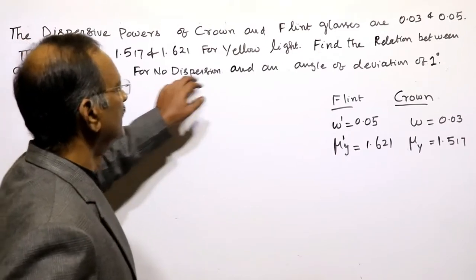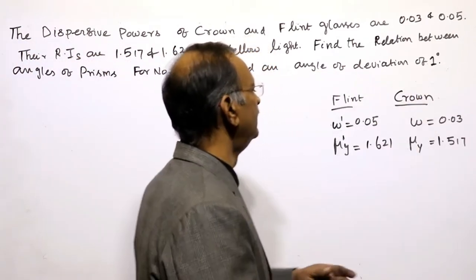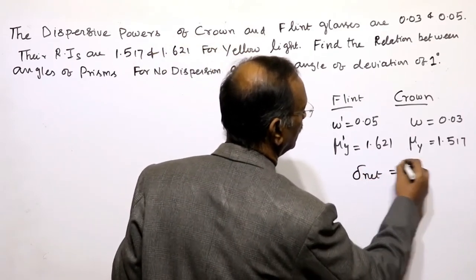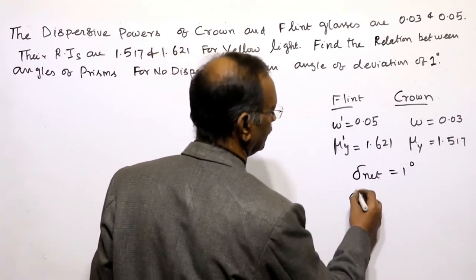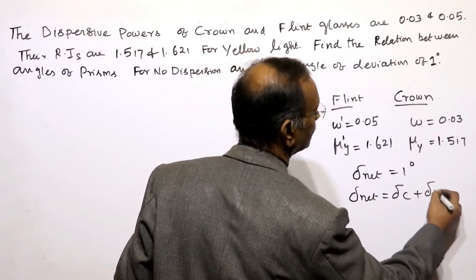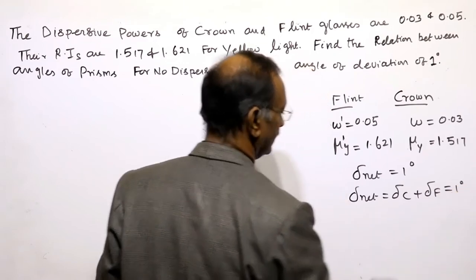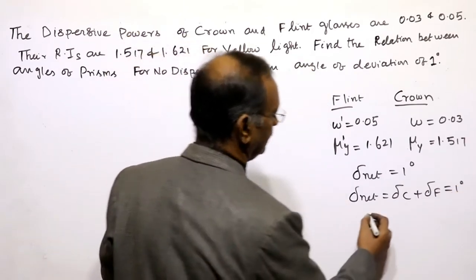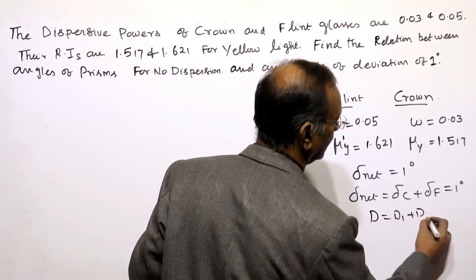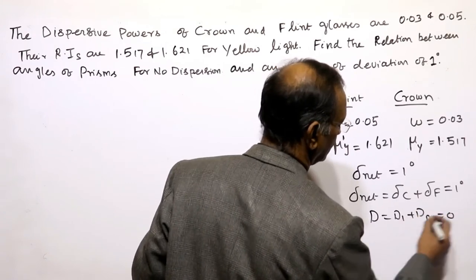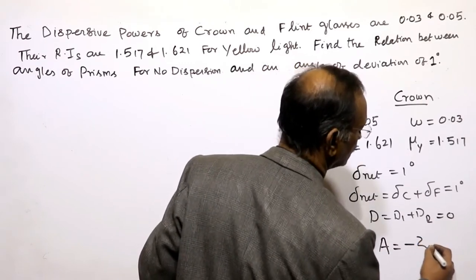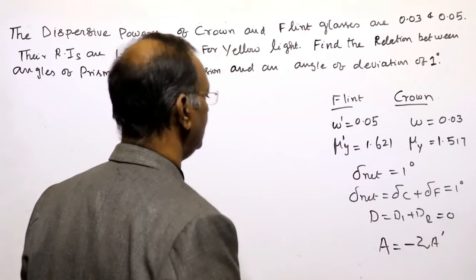To calculate for a net angular deviation of 1 degree: the net deviation is the deviation produced by the crown glass plus the deviation produced by the flint glass, which is equal to 1 degree. And with no dispersion, the dispersions due to crown and flint glass sum to 0, so the deviation for crown glass is minus twice that of the flint glass.